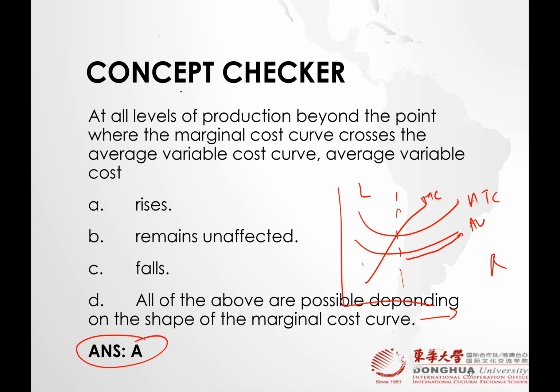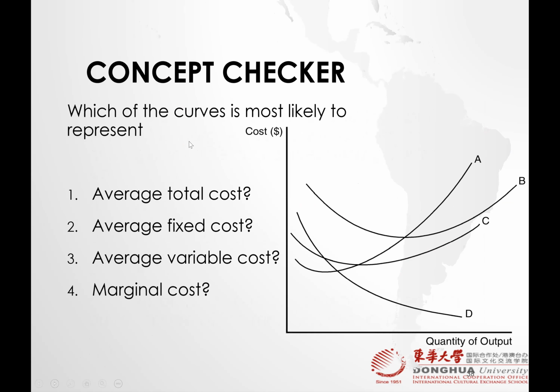If you don't understand the question, just draw the graph and you will find out the answer. Right? Everybody is clear about this question? David? Pinyo? Suho? Okay, good. Now answer this question.